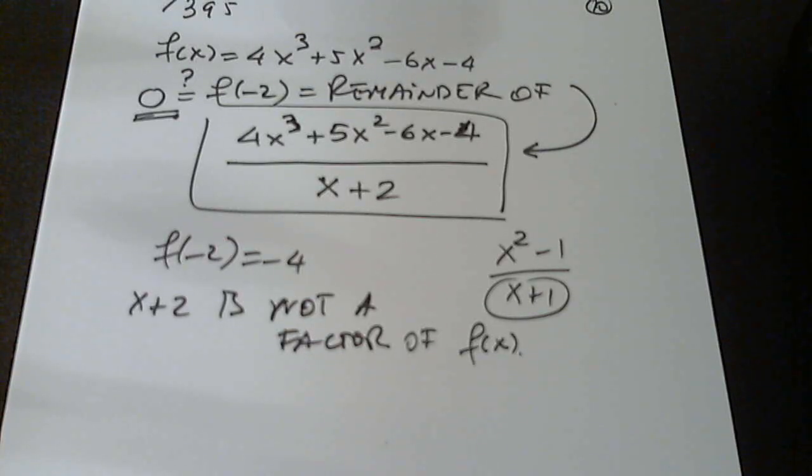Do we need more examples? Anyone, please? Do we need another example, or are we okay with this? With the factor and the remainder theorem? The remainder, yes, of course. Of course.